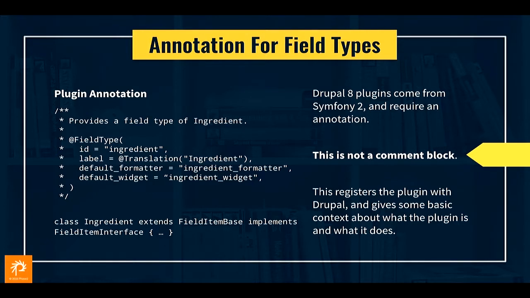Don't make the mistake that I've made a couple of times of, oh, I'll just add this comment later once I get this code working, and then spend an hour trying to figure out why my code's not even showing up. So make sure that you create your annotation very first thing. Annotations are actionable code, and this is kind of a Symfony thing. So it's important to know that they're not just comments.